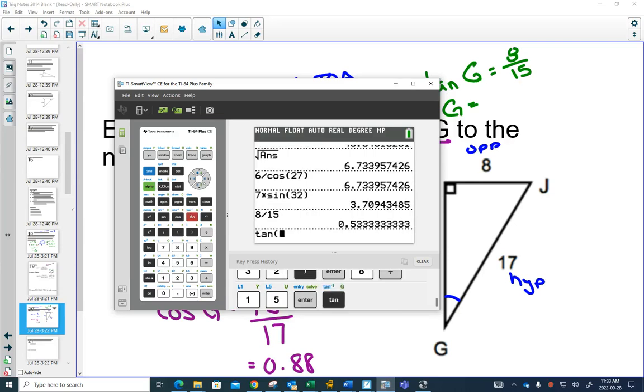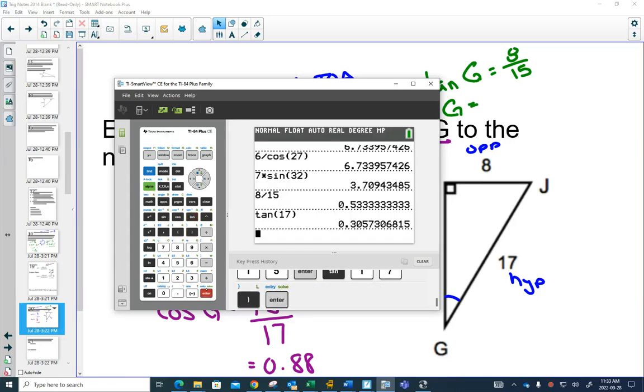Okay, we'll start off with Judah. Give me a random angle. 17. Is he right? No, 0.305. Okay, so then Tyler, give me another angle. 25. Is he closer? Yes. Do you remember when we did this?